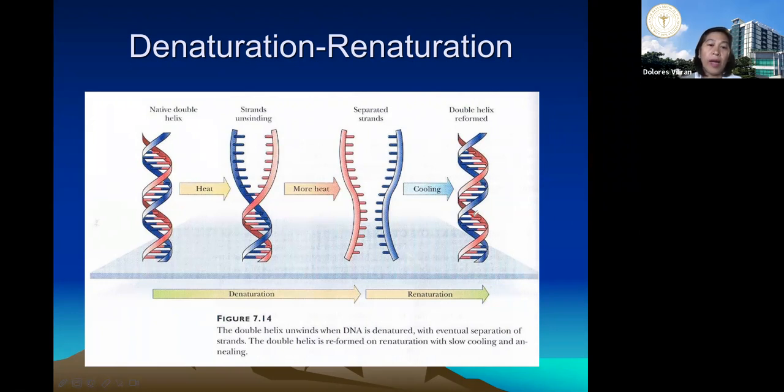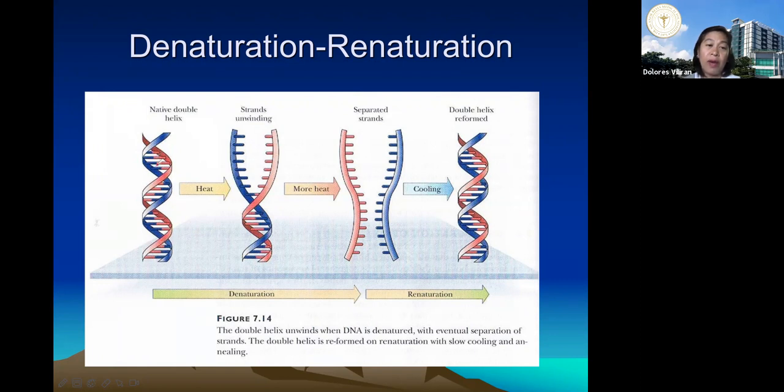So a while ago, I mentioned the hyperchromic effect. When the DNA molecule is completely separated, the bases will be exposed. To demonstrate the hyperchromic effect, you need to use the spectrophotometer. Example, you have a tube containing a native intact double helix DNA. Then you measure it in the spectrophotometer. The ones that absorb light are actually the bases.